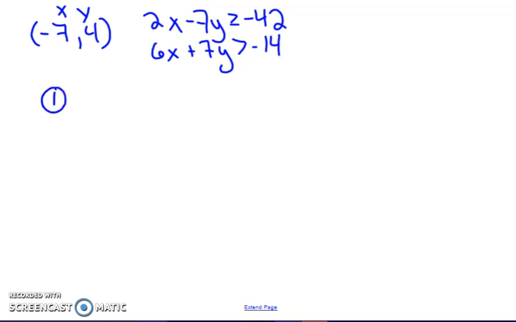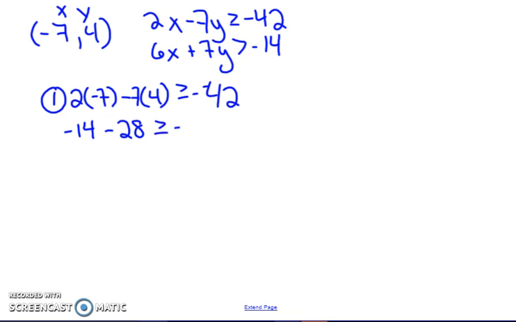Well, if I start with my first equation, I have 2 times negative 7 minus 7 times 4 is greater than or equal to negative 42. Well, 2 times negative 7 is negative 14 minus 28. This gives me negative 42. So we need to decide, is negative 42 greater than or equal to negative 42? Well, yeah, they're equal to. So that works.